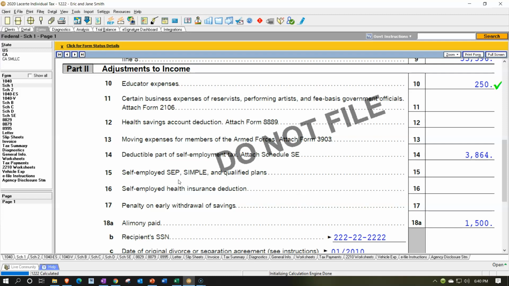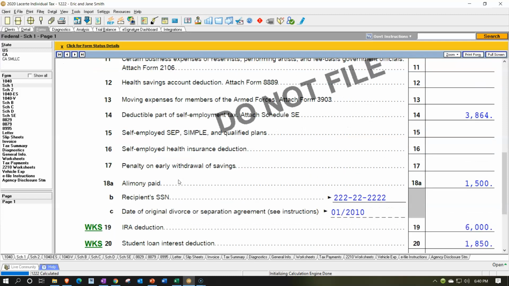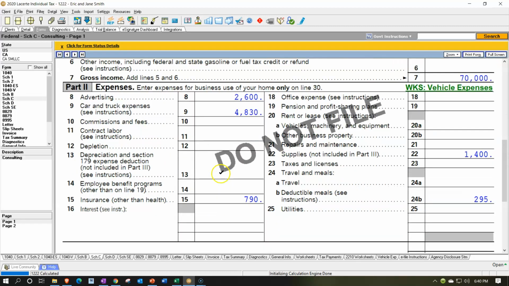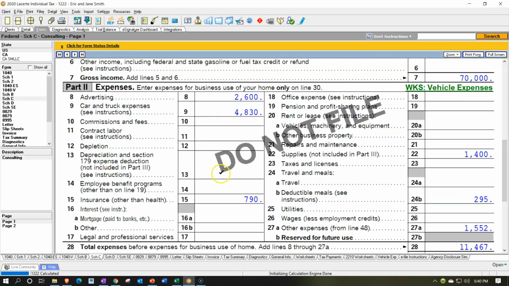If they do have employees or plan on having employees in the future, you have to consider that the SEP or SIMPLE then needs to cover the employees as well, which could impact the plans on how you're going to be setting this up. Because if you don't have employees, you're setting it up primarily to increase your own amount that you might be able to put into a retirement plan. So those are two other things to keep in mind whenever you see a Schedule C. Just make sure to check on those items.